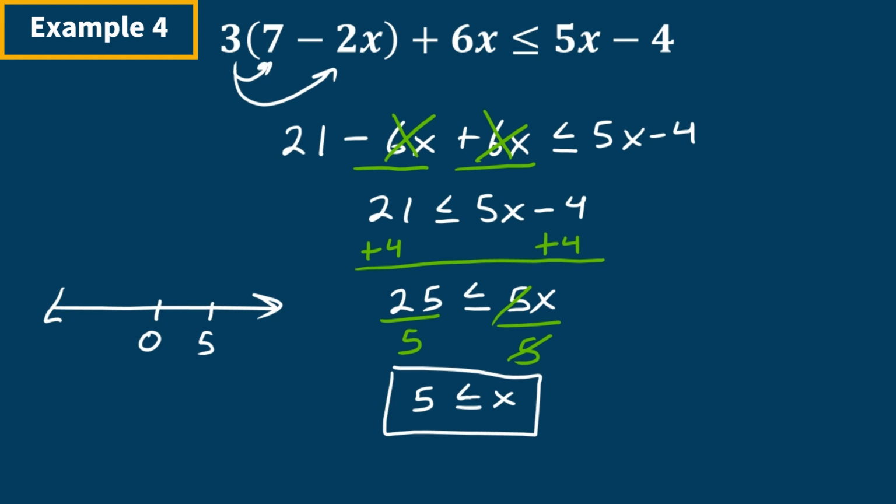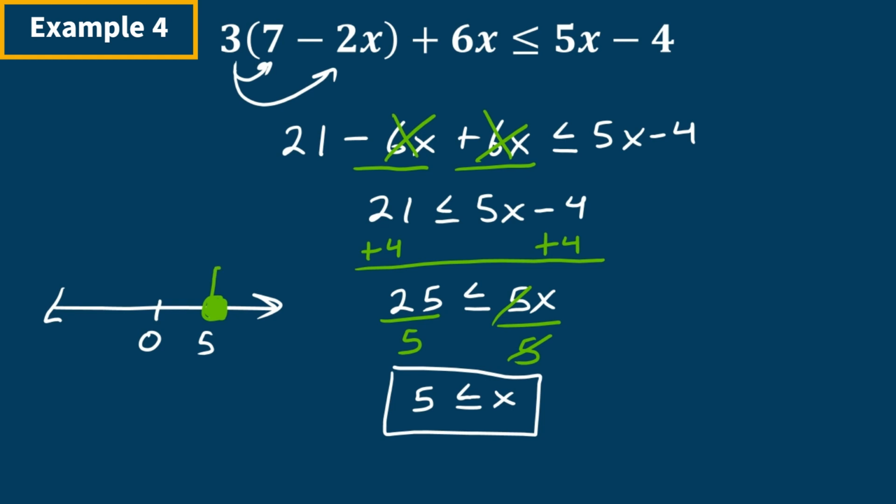Or if you want to read it from left to right, it's saying 5 is less than or equal to x. So since we have the equal sign there too, that means we're going to have a circle around 5, but it's going to be shaded. Now it's saying that 5 is less than or equal to x, so that means that x has to be bigger than 5.